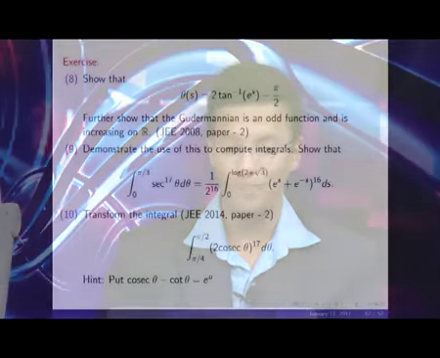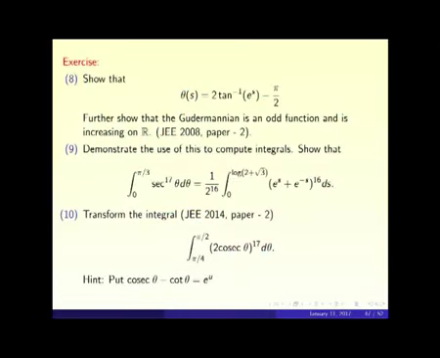So you want a way to avoid integration by parts over and over again. How to integrate an odd power of a cosecant or an odd power of a secant? The Gudermanian will help you to do it. So, integrate secant theta to the power 17 d theta.